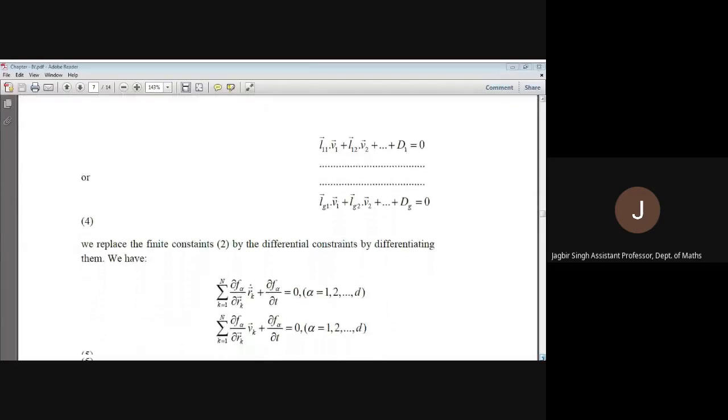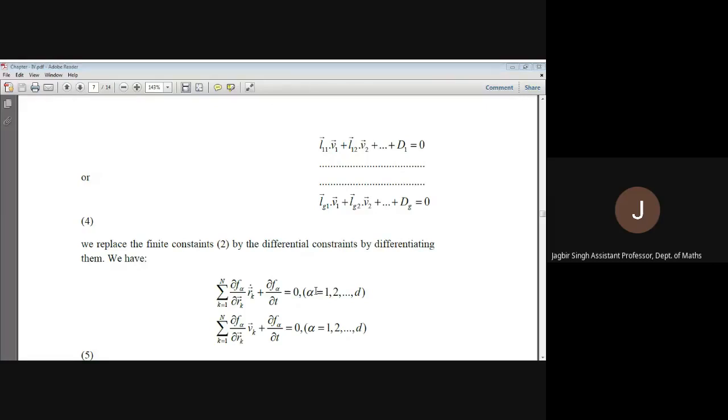Differentiating the finite constraints f_alpha(t, r_k), we will have derivative of f_alpha with respect to r1 into r1 dot, then derivative of f_alpha with respect to r2 into r2 dot, plus derivative of f_alpha with respect to rn into rn dot. So we will have summation k from 1 to n, ∂f_alpha/∂r_k dot r_k dot, plus ∂f_alpha/∂t is equal to 0, for alpha from 1 to d.